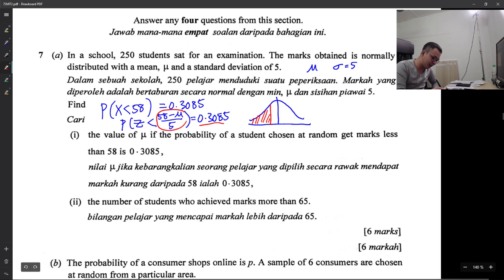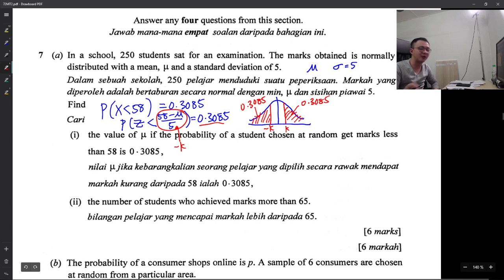Let me give it a letter, K. Because it's on the negative side, this will become negative K. Because the bell-shaped diagram is symmetric, I'm going to use the positive side. So here it will be 0.3085.